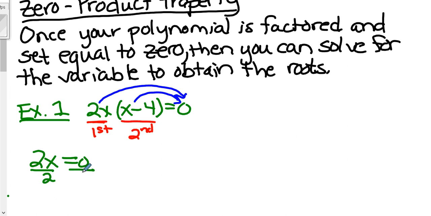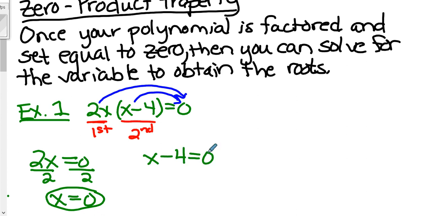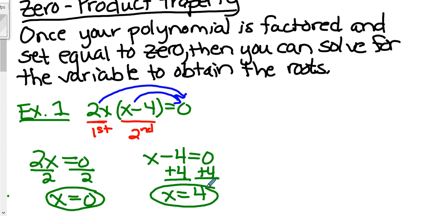Divide both sides by 2. x equals 0, because 0 divided by 2 is 0. All right, so that's one answer. And then the second answer comes from the second part, x minus 4, and you just say equals 0. Then we're going to solve for x, add 4 to both sides, and we get x equals 4. There's your two answers, and that's it.